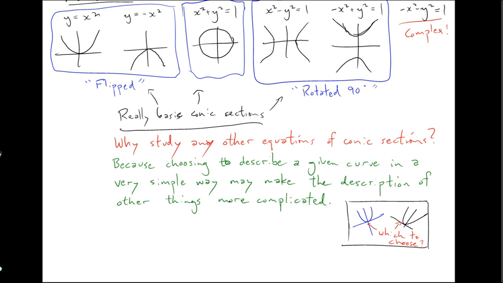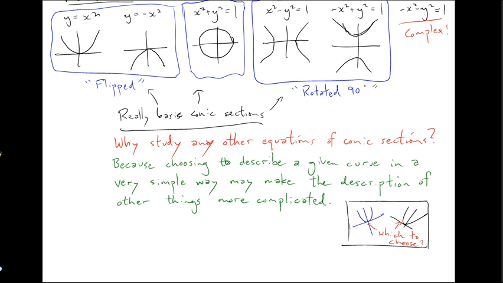That's just a basic thing in mathematics and problem solving in general. How do you describe aspects of the problem so that the problem as a whole becomes most elegant and easiest for us to solve? If you describe one part of the problem really simply, another part of the problem might become more complicated.